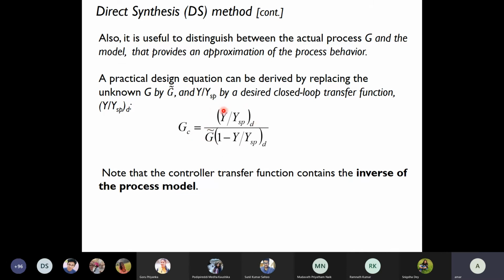So once we know all this, we can have GC because we know Y by YSP and G tilde. Here we can see GC contains the inverse of the process model, so GC into G tilde equals 1.